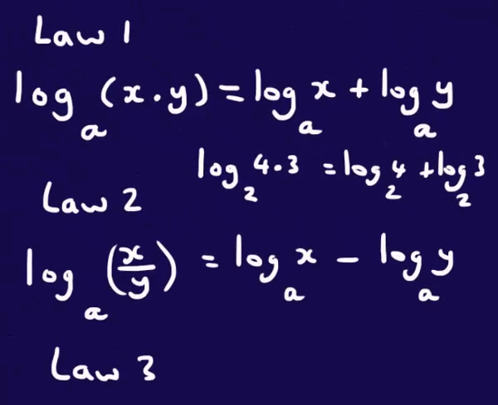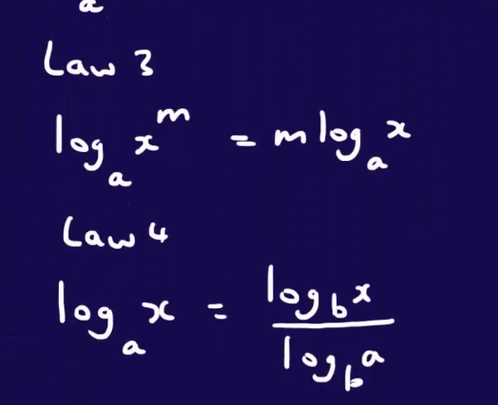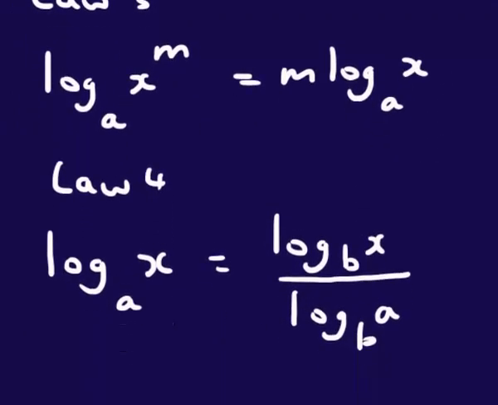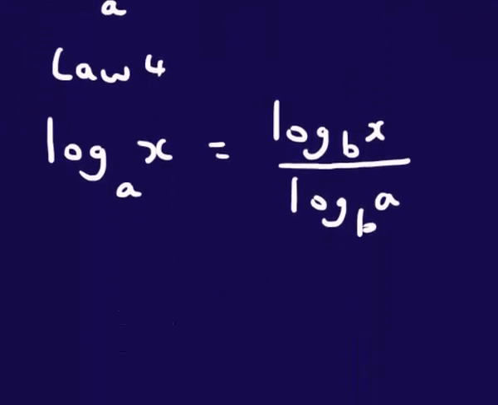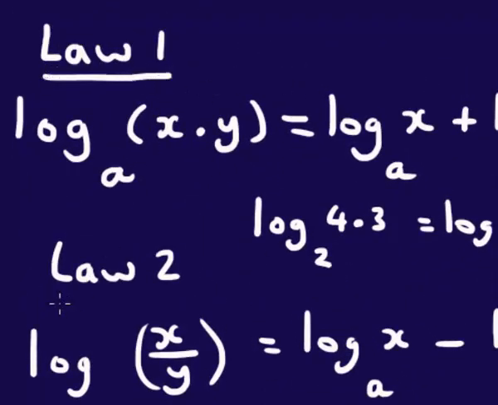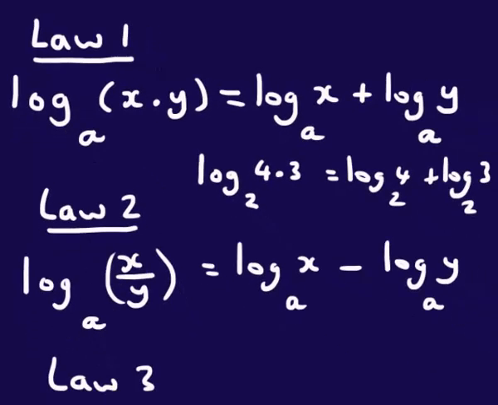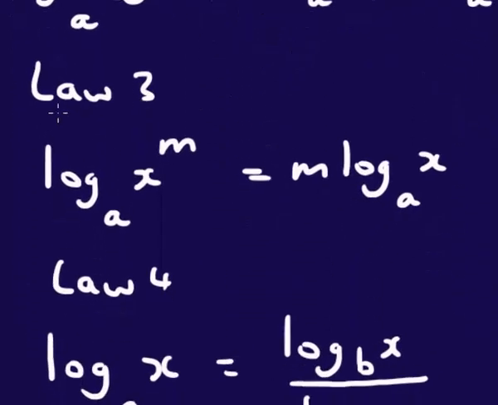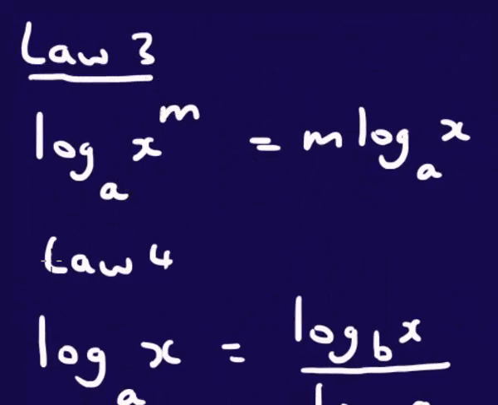And we're going to explore examples involving this. Watch out for this law as well. Don't worry too much about the change of base at this stage. But let's look at some examples involving the first law of logs, where you add and multiply, subtract and divide here. And this is the little one with an exponent there. You bring it down, and law 4 is the change of base, which we'll look at as well.